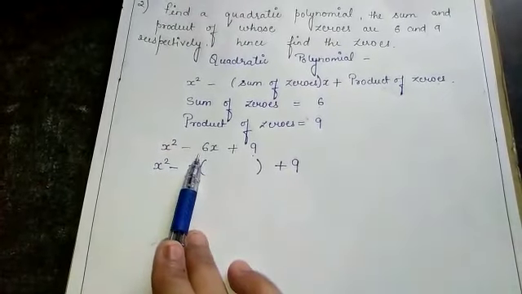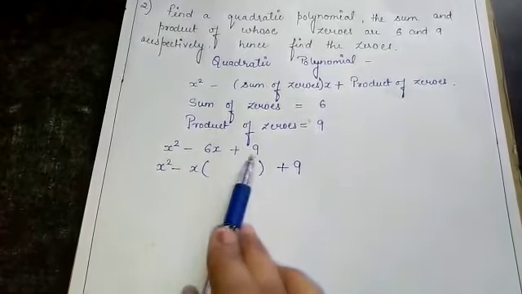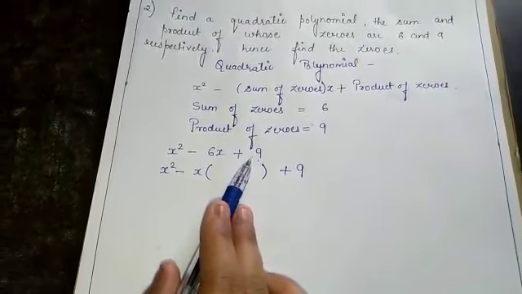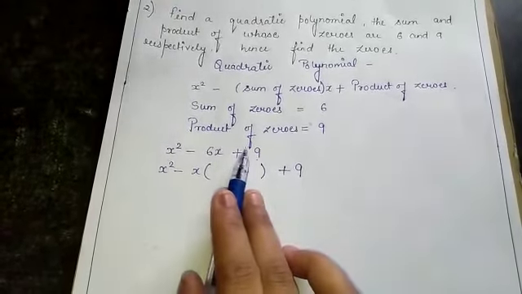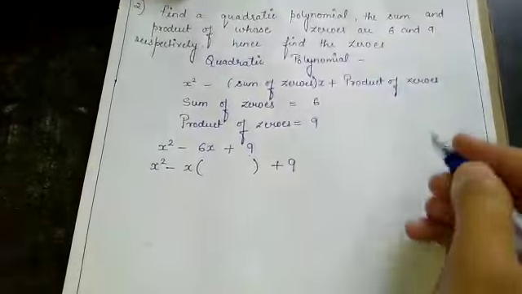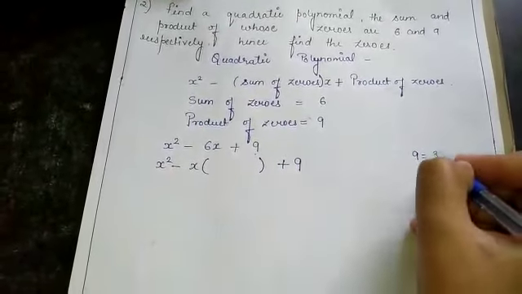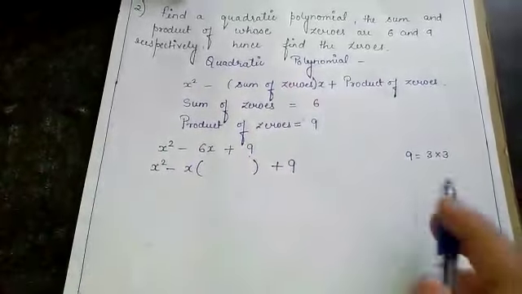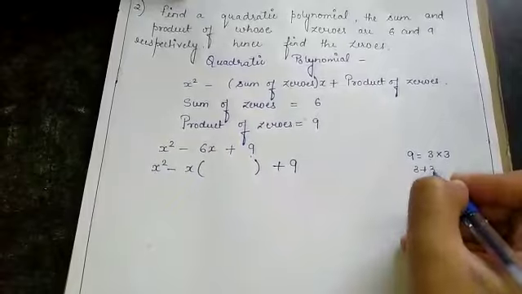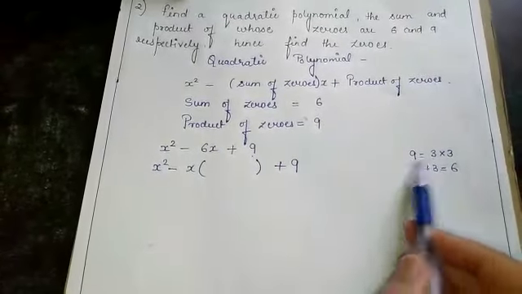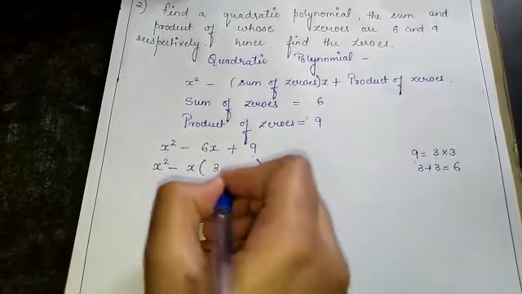I can factorize 9: it is split into two groups, and then adding or subtracting these groups we get the middle term. So 9 is 3 into 3. If we add 3 plus 3, we get 6, and multiplying these numbers we get 9. So I'll take 3 plus 3.